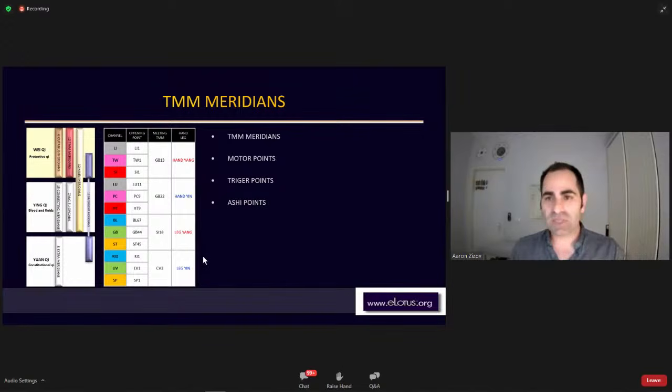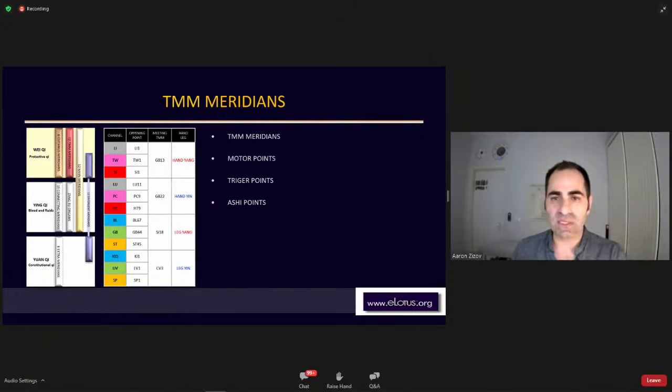Most of the things that we will see in the clinic will be connected to pain issues, muscles, joints, sinews, and so on. Part of the TMM meridians, we also have motor points. Motor points are like the edges of the nerves and the muscles, so we can stimulate the nerves also with these points.